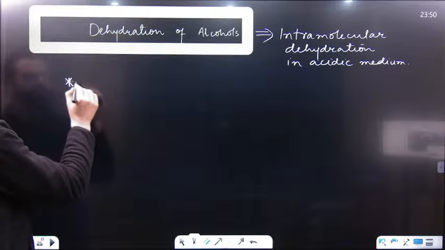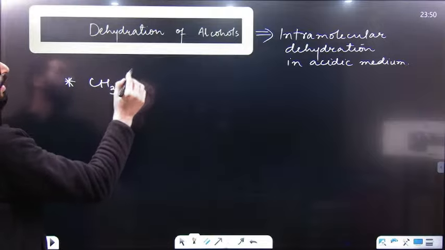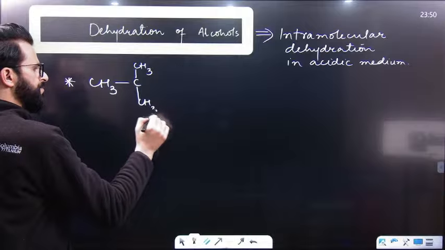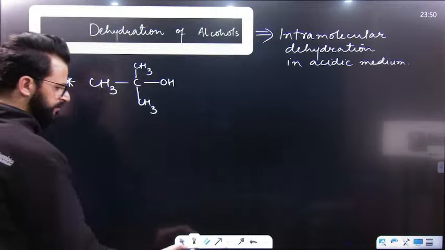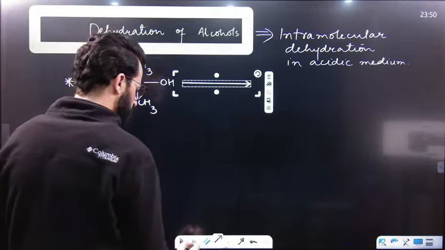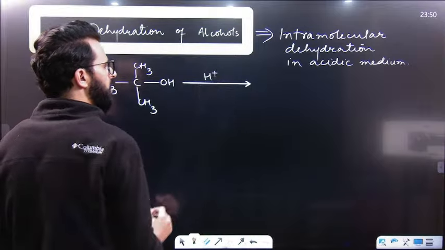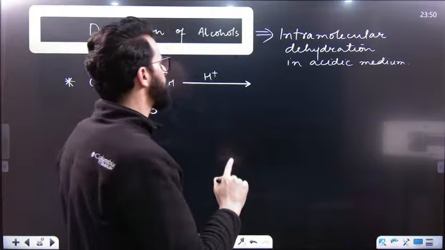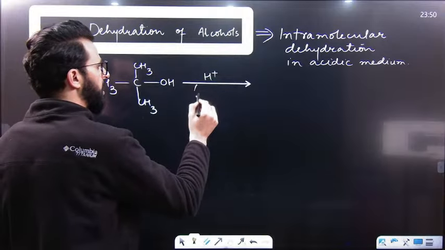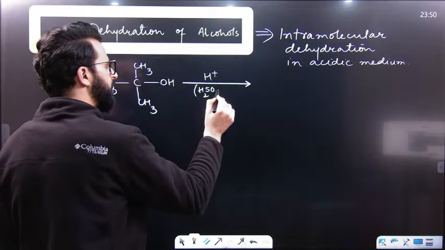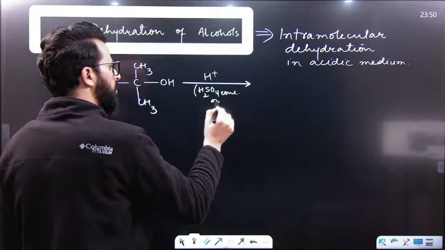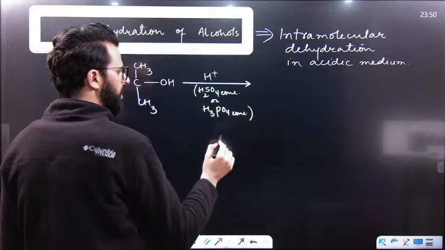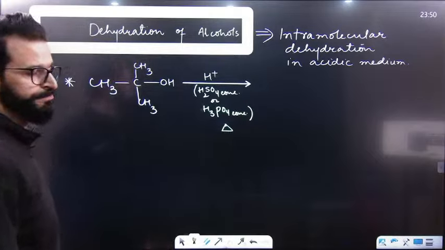If we have an alcohol like this, our reaction is with H positive, and this H positive is actually H3PO4 or H2SO4. It came from either concentrated H2SO4 or concentrated H3PO4, and we will simply heat.